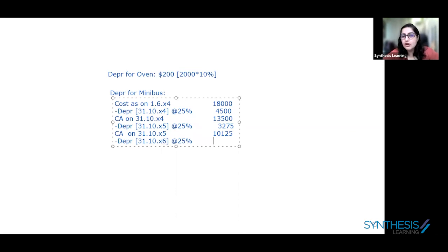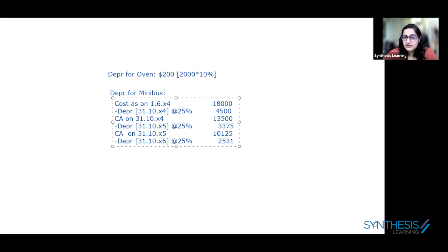For this year, how much will 25% on 10125 be? 2531. Are you all rounding it off each time, no? Ma'am, it's 3375 and not 3275. Huh? It's 3375. It is not 3275, it is 33. Yes.